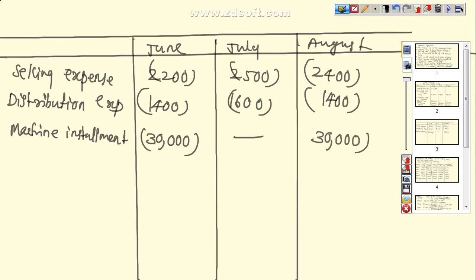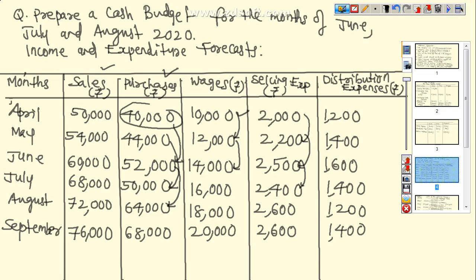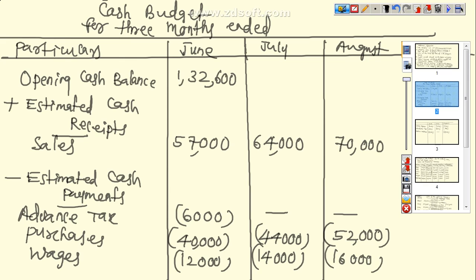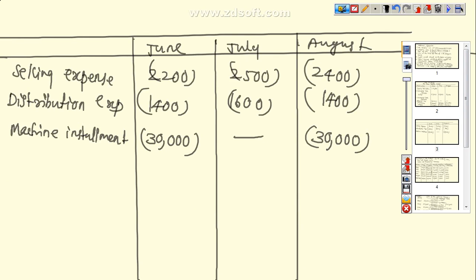Now before calculating the closing balance, we always have to remember to look at the information, if any expense is left without adjustment. All the adjustments we have taken, so we can calculate the closing cash balance. In order to calculate that: opening cash balance plus estimated cash receipts minus estimated cash payments, that is the closing cash balance.